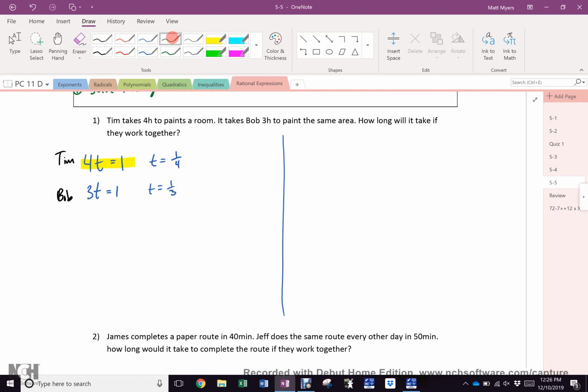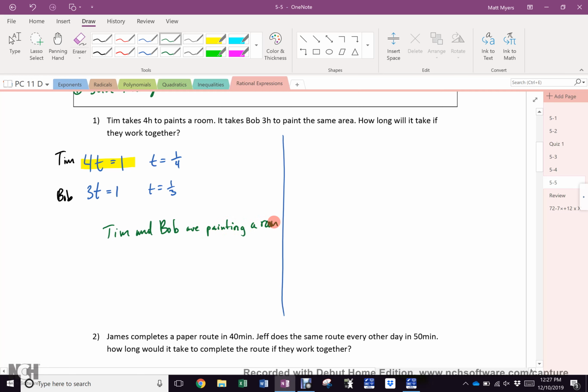Now, logically, what is happening here? Forget numbers. What is happening in this question? Who's painting a room? Bob and Tim, agreed? So Tim and Bob are painting a room, yes?